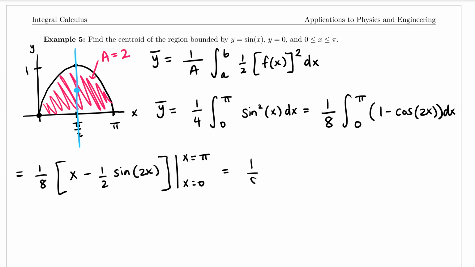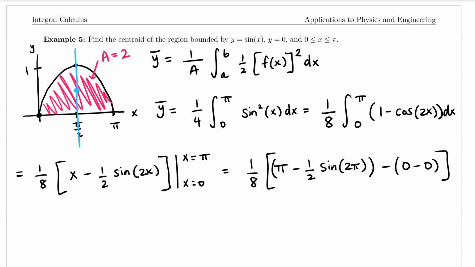So we have 1/8 times pi minus 1/2 sine of 2 pi, minus, let's see, 0, and then sine of 0, 0, so that's just going to be 0. Sine of 2 pi is also 0, so finally we're going to get 1/8 times pi, so we get pi over 8.